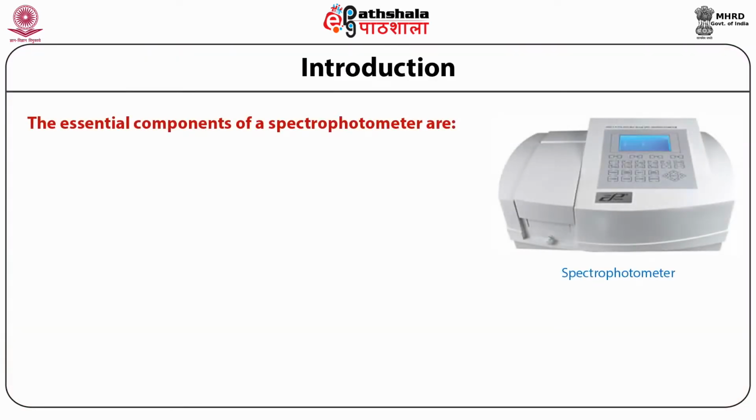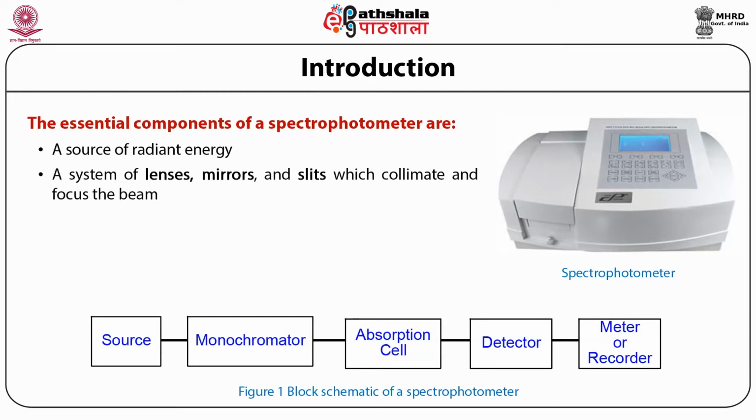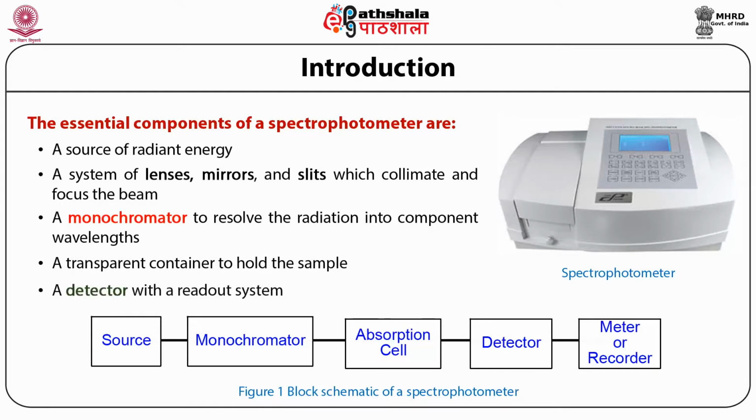The essential components of a spectrophotometer are a source of radiant energy, a system of lenses, mirrors, and slits which collimate and focus the beam, a monochromator to resolve the radiation into component wavelengths, a transparent container to hold the sample, and a detector with a readout system.